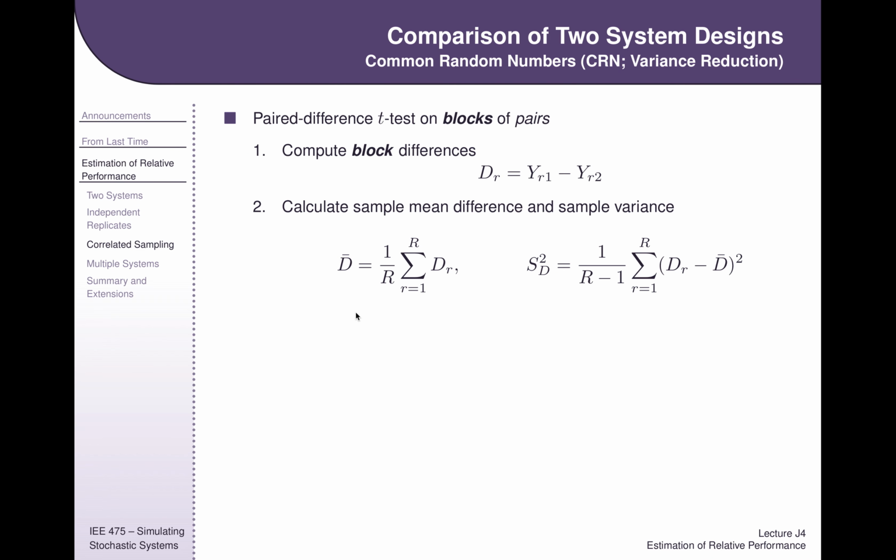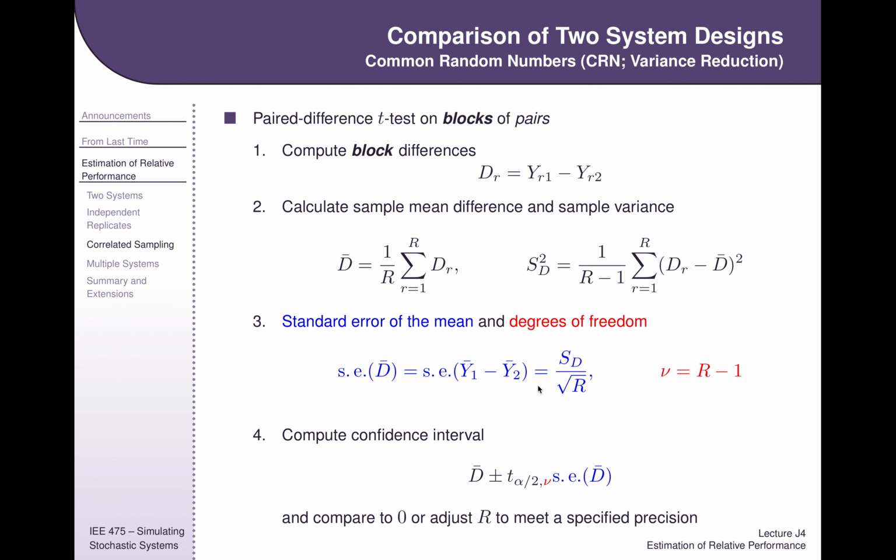And then we calculate the average difference, d bar, and the variance of those differences, and then we end up getting a standard error of the differences. So this is the standard error of the mean the same way, and then the degrees of freedom end up being very simple in this case. And so this is our confidence interval. So now we can calculate a confidence interval even for the paired test. And in all of them, we interpret them the same way. Is 0 in the confidence interval or not?